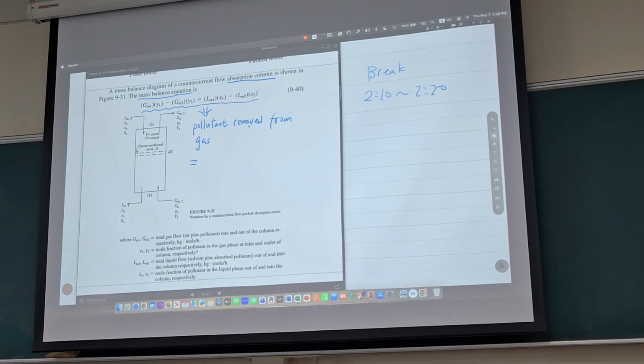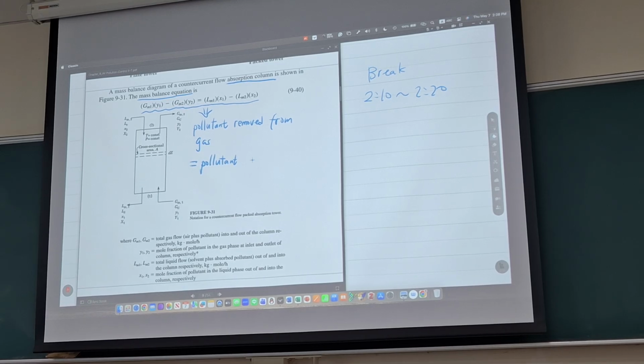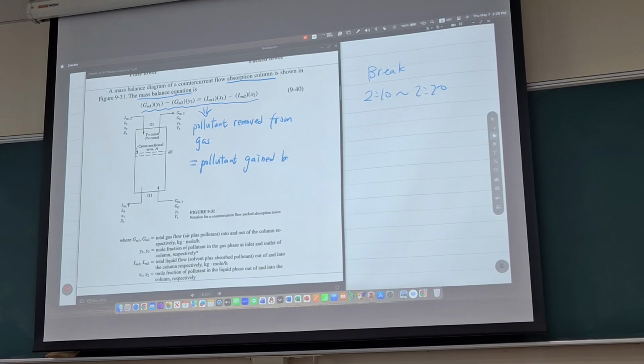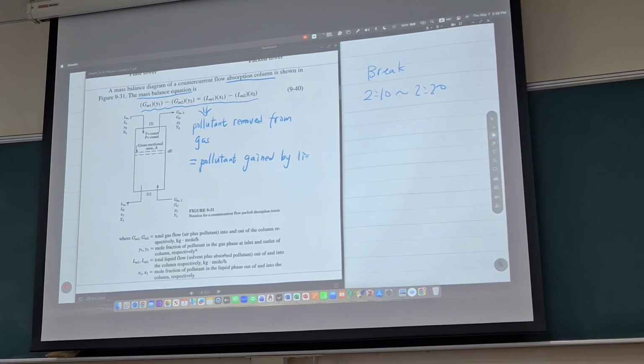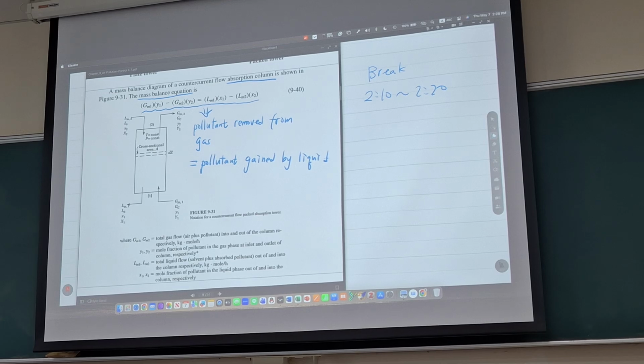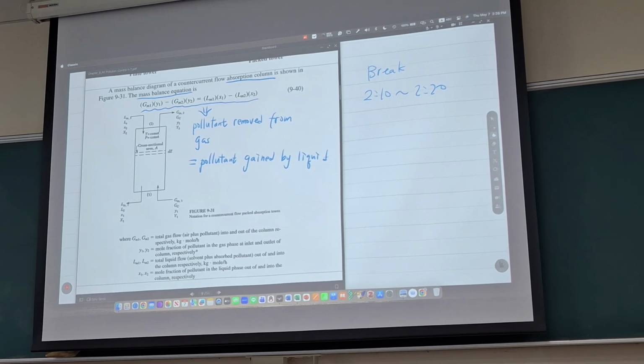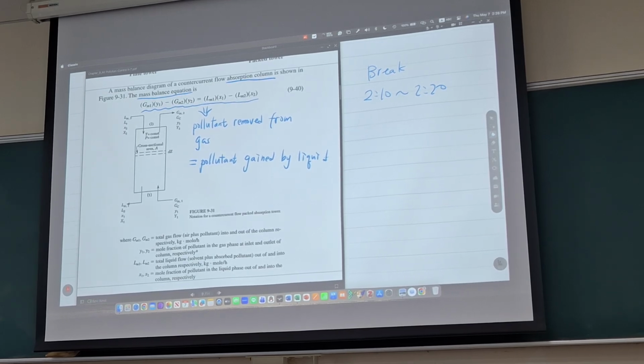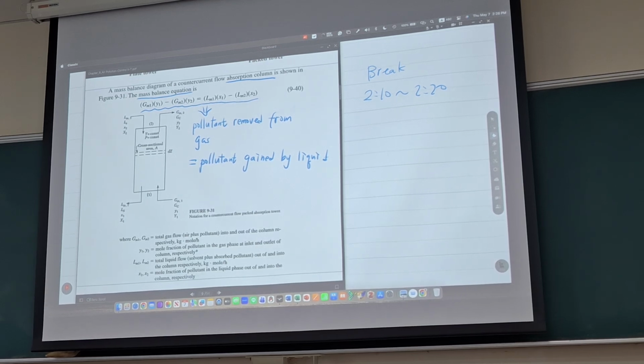So pollutant removed from gas equals pollutant gain by liquid. Okay, so this equation tells us the pollutants removed from gas equals the pollutant gain by liquid. Let me write this one time.